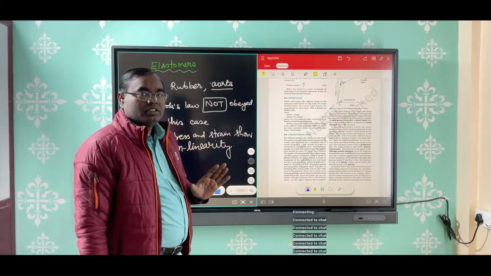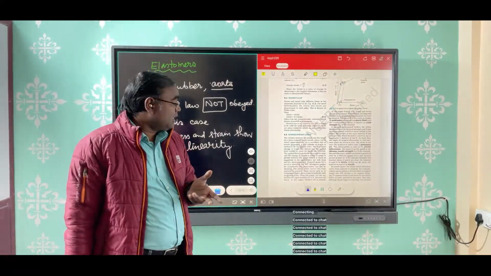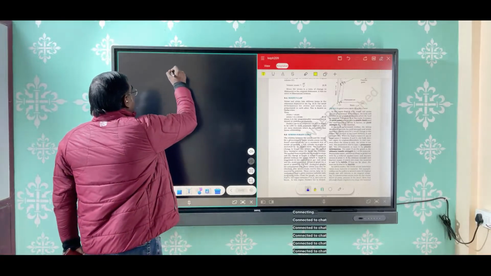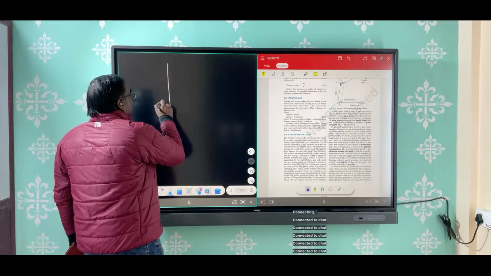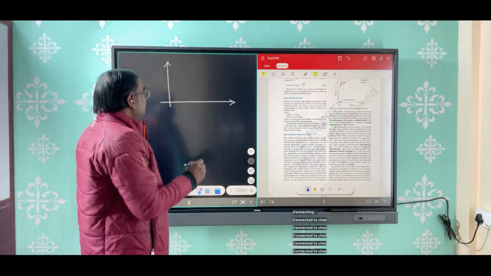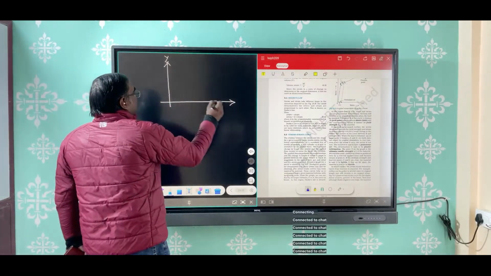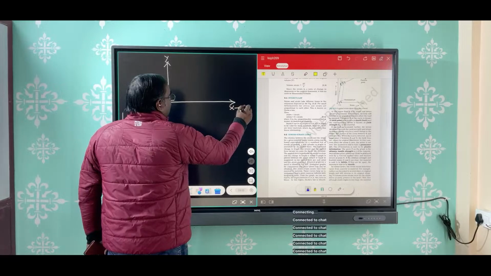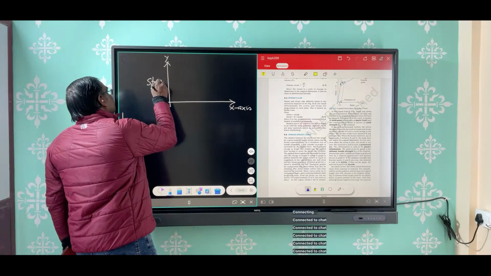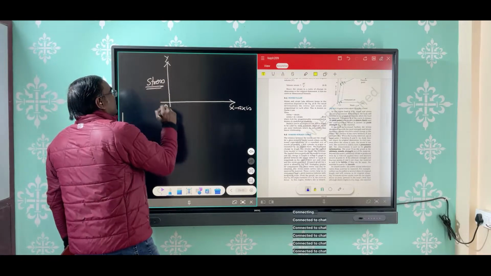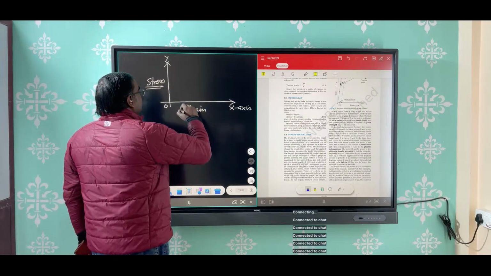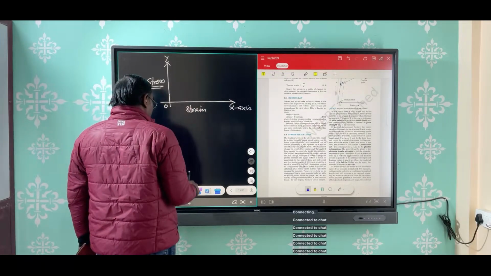They are not linear. So what is the meaning of linear and non-linear? I hope you are understanding. Otherwise, I would draw a graph for you who doesn't know. Linear means if we plot, this is the y-axis, this is the x-axis, and this is the origin, and we put stress along the y-axis and strain along the x-axis.